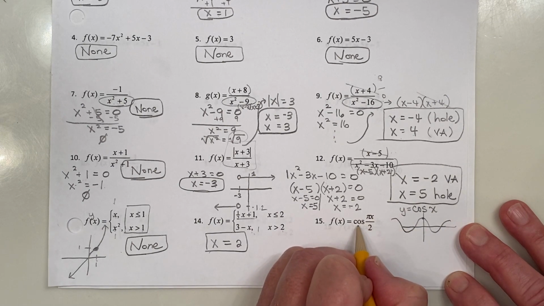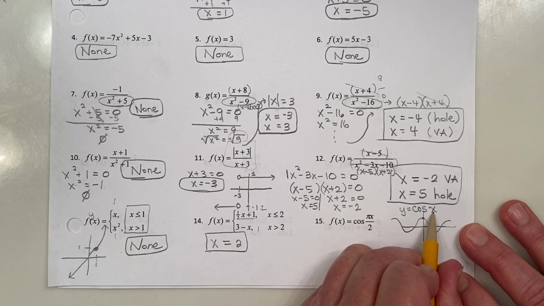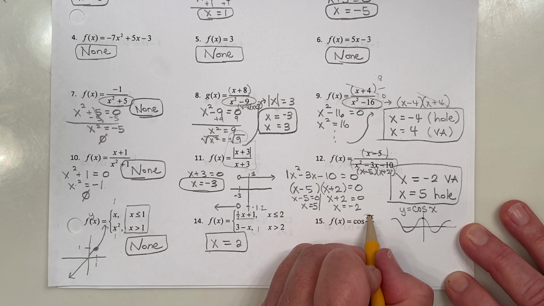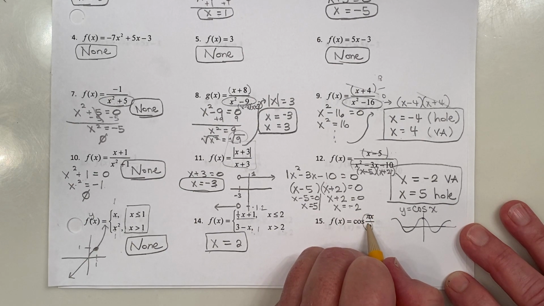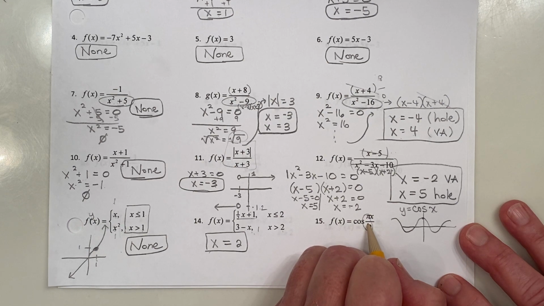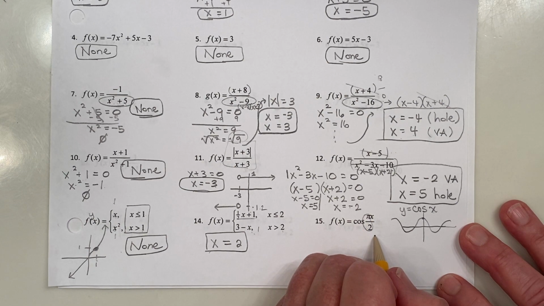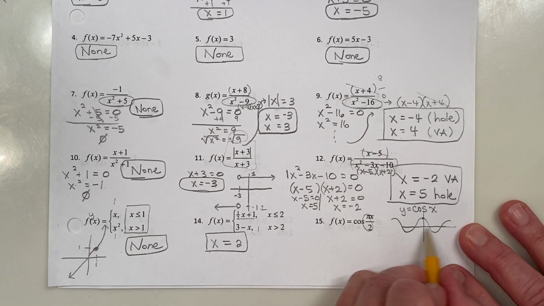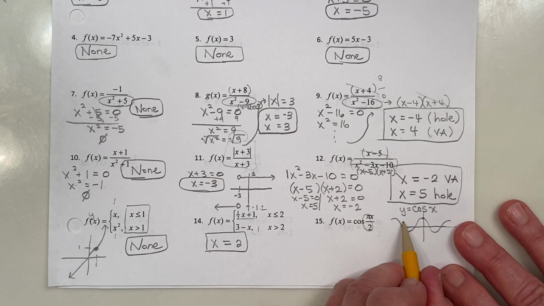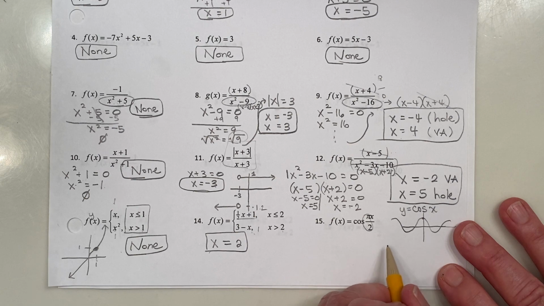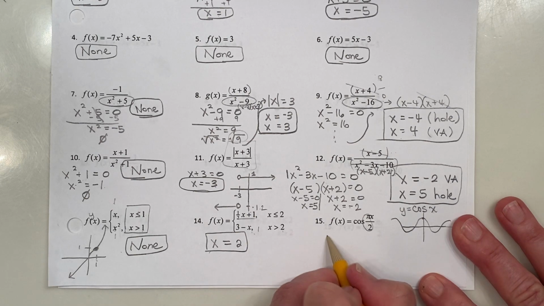So what's happening in this equation to the parent function y equals cosine of x? Well, the only difference is I'm probably stretching it horizontally. So in that case, if I just made this graph wider, there's not going to be any x values at which even a stretched graph of y equals cosine x would not be continuous.